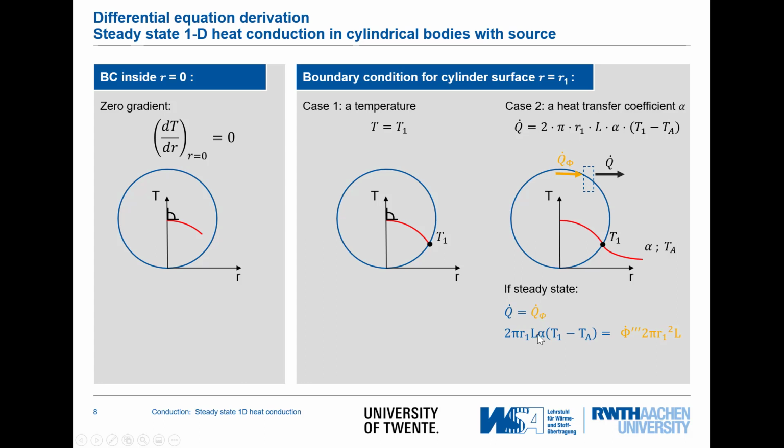The outer part we can describe using the heat transfer coefficient, the temperature difference, and of course the surface of the body. On the other side, this is the volumetric heat source times the total volume of our body. If we rearrange this, we can directly obtain the temperature, and then the boundary condition of case 2 is very similar to the boundary condition of case 1, because we can directly prescribe a temperature, in this case T1.